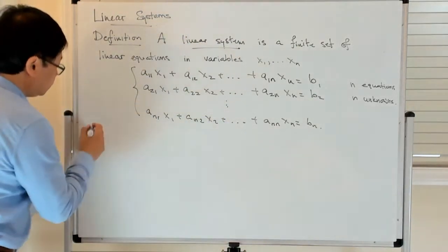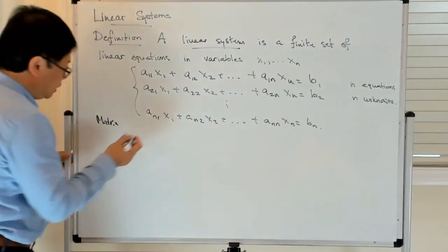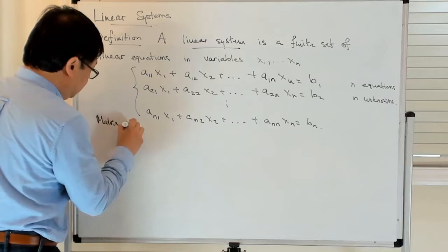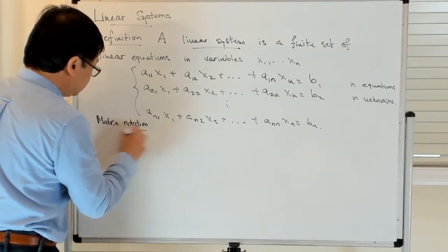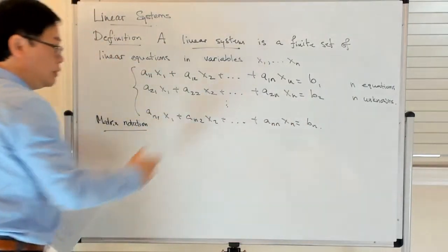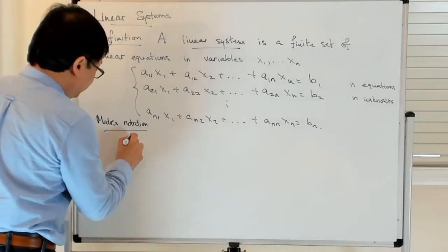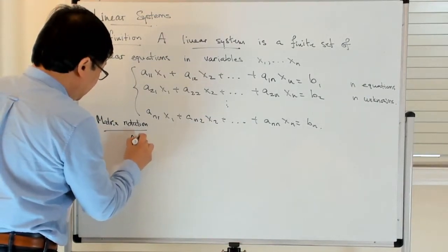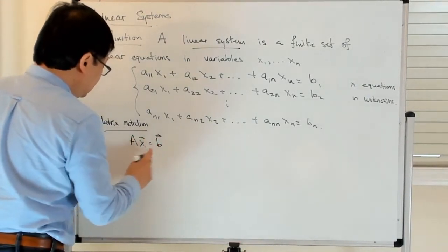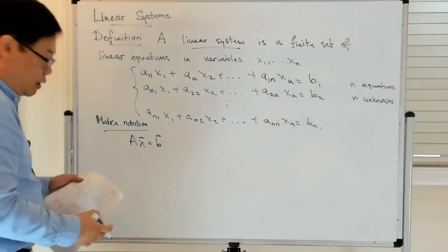You've probably seen it before, but let me just remind you. We want to write this system of n linear equations in the matrix vector representation, Ax equals b, where x and b are column vectors and A is a square matrix.